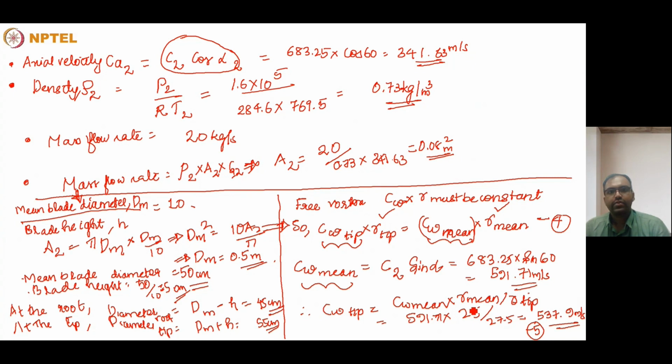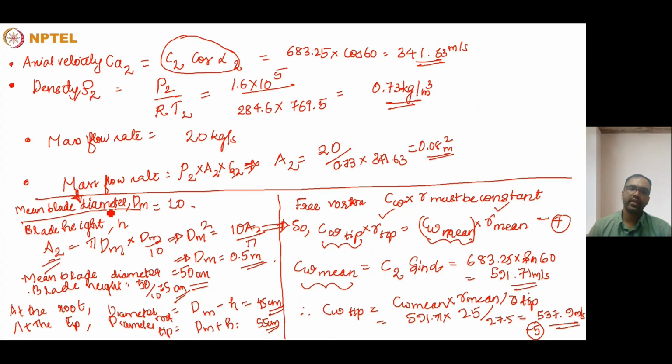From this mean blade velocity, we can calculate the axial velocity, density, and from the mass flow rate, we can determine the area at the mean diameter for the fluid flow, and using the mean blade diameter to height ratio, we can calculate the mean blade diameter from this area value.